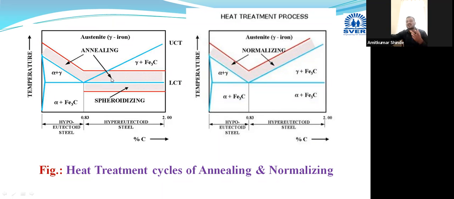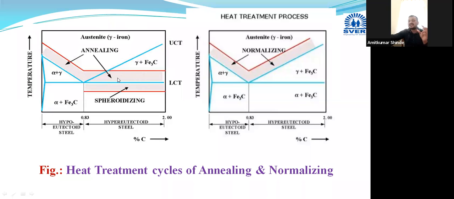But in case of hardening, we are increasing above 50, compulsory more than 50 degrees Celsius. If the steel is hypoeutectoid steel, then we are heating it above A3 temperature zone by 50 degrees Celsius. And if the type of steel is hypereutectoid steel, then we are heating it above A1 temperature line by 50 degrees Celsius.